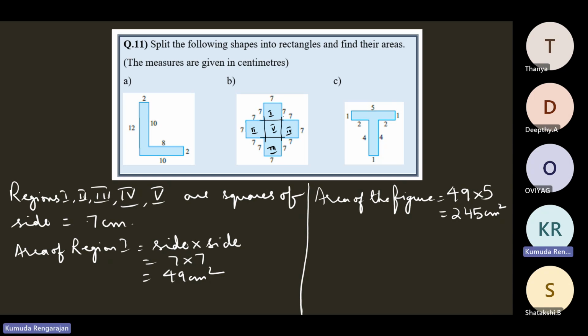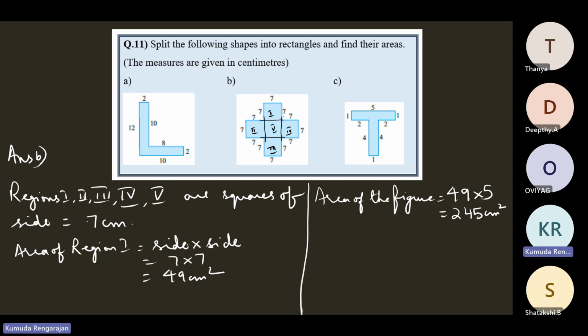All right, children. So in this method, we have divided the whole figure into 5 squares. And all the 5 squares are identical because they have the same length and breadth.